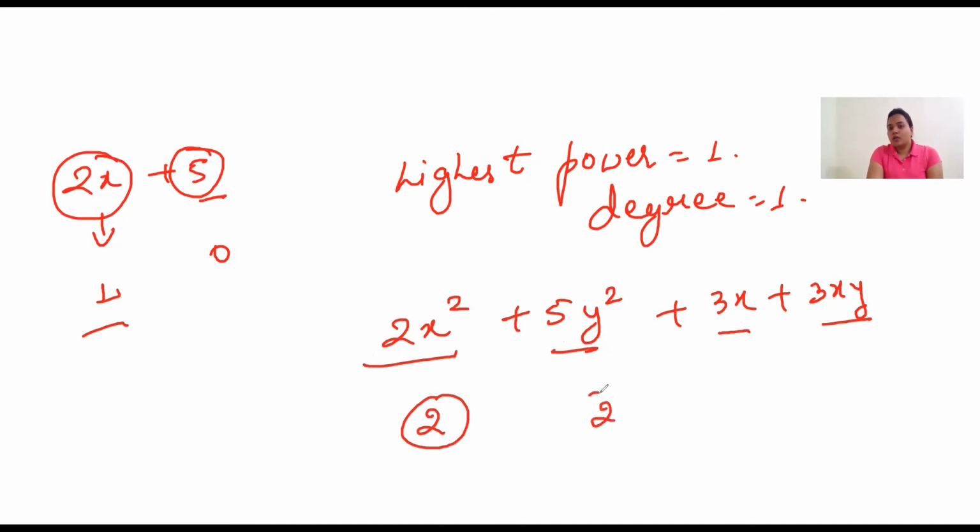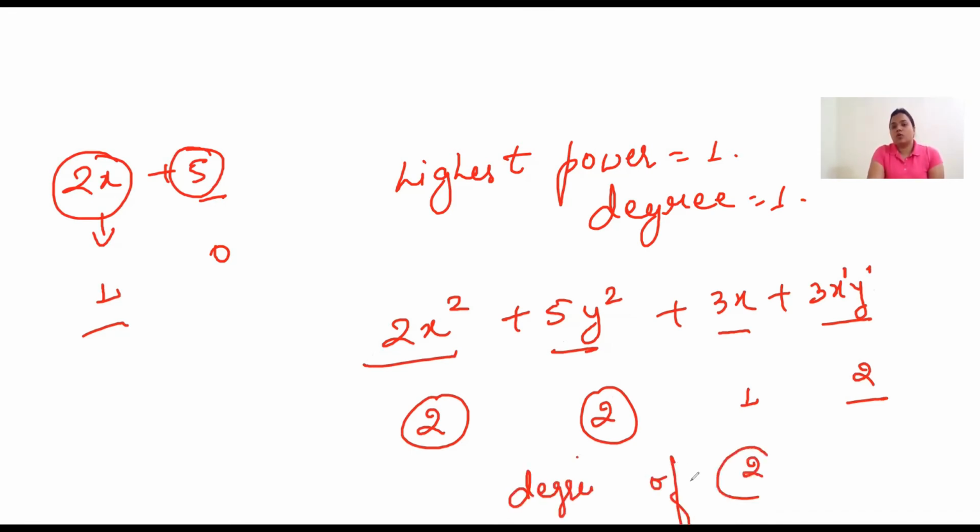Power of y? 2. Power of x? 1. In this, we have x and y both. So, power of x is 1. Power of y is 1. So, the degree of this term is 2. So, what is the highest degree in this? 2. So, the degree of the complete polynomial is also 2.